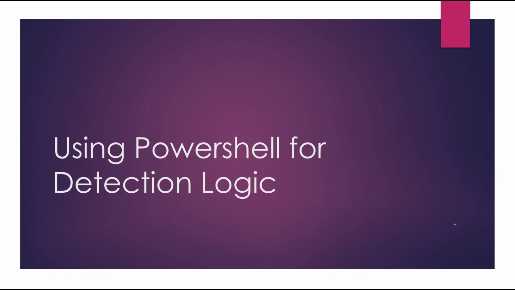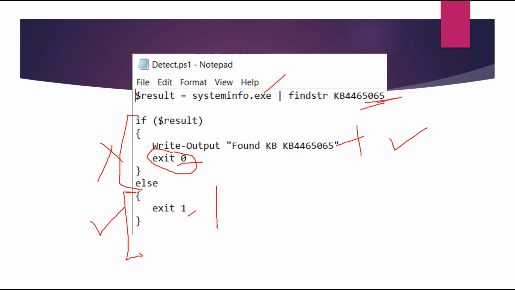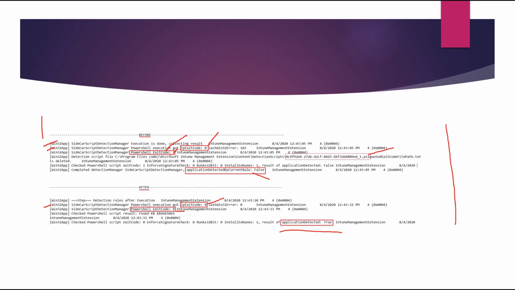Okay, so again, this brings us to the point: how can we use PowerShell for detection logic? That is what we are using over here itself, right? For deploying a KB, we use this PowerShell script for detection logic. When there was an exit 0, we were able to see exit 0 for PowerShell.